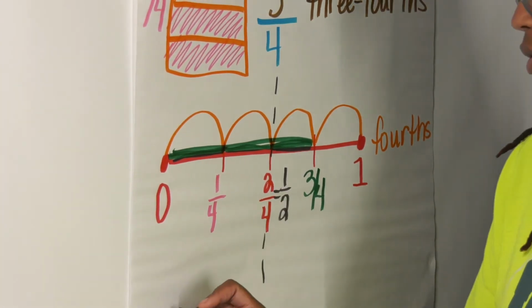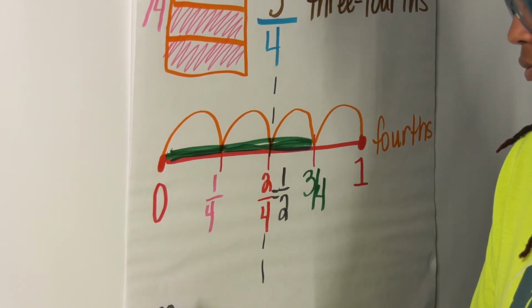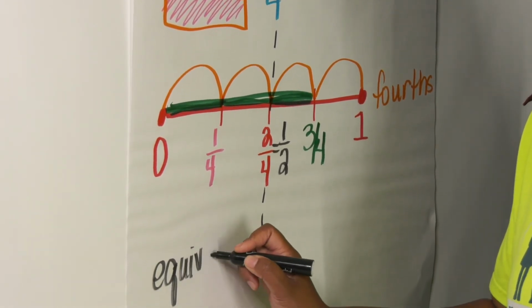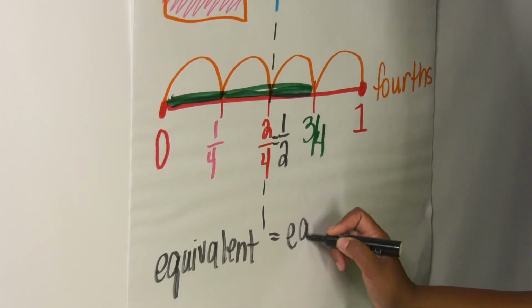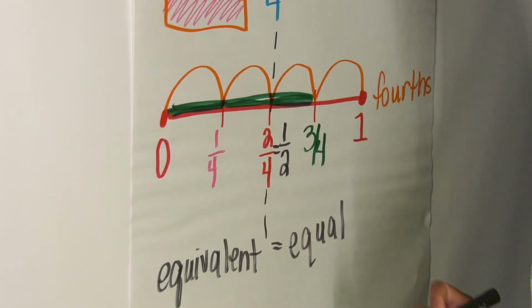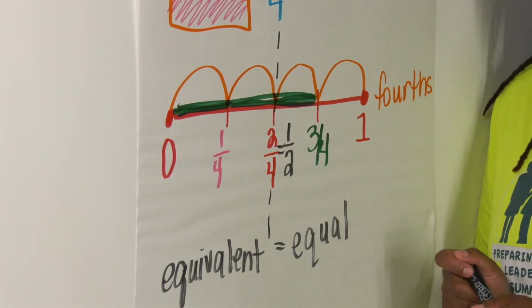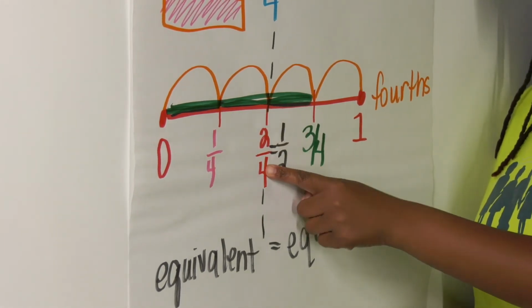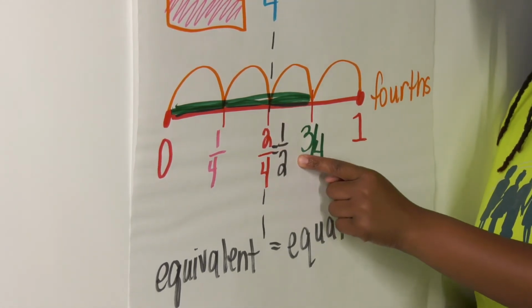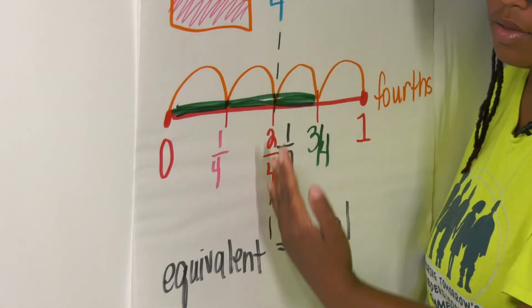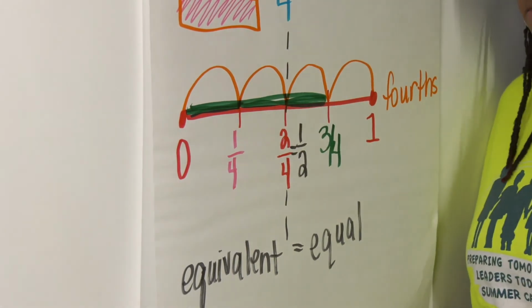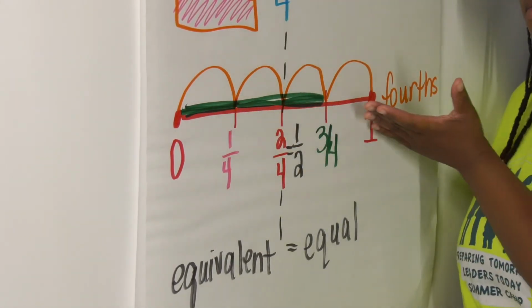That's what the word equivalent means. All right, so 2/4 is also equal to 1/2. 2/4 is the same thing as saying 1/2 because it's half of my fourths, half of my whole.